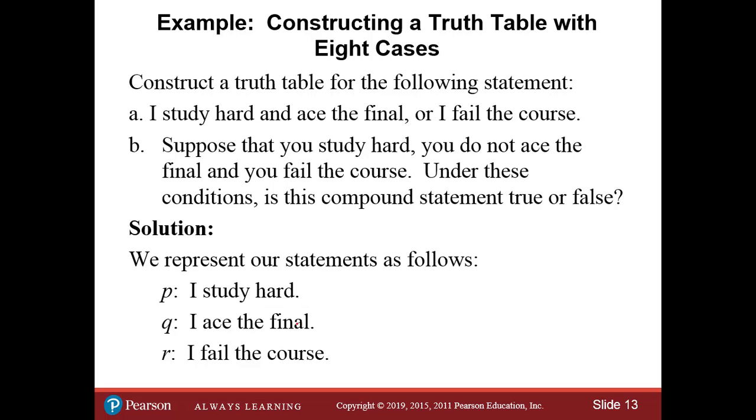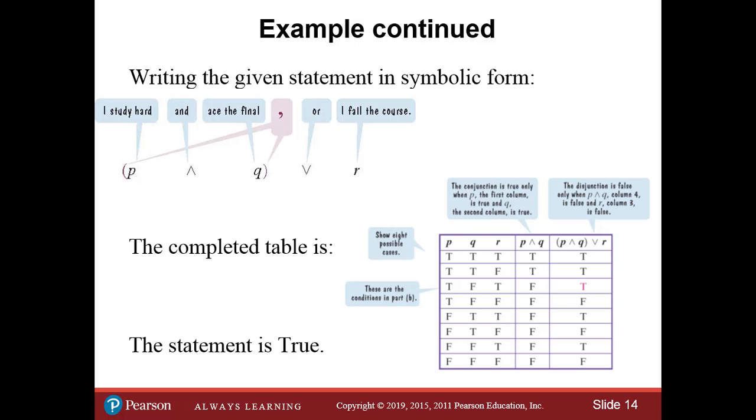What we're going to do is take this sentence and create a truth table for it. Let P be I study hard, let Q be I ace the final, and let R be I fail the course. So there's our P, Q, R.